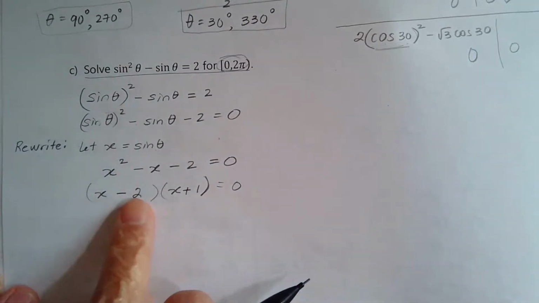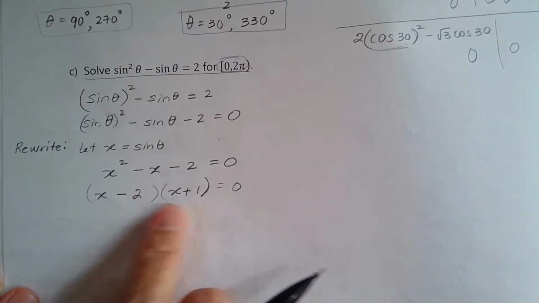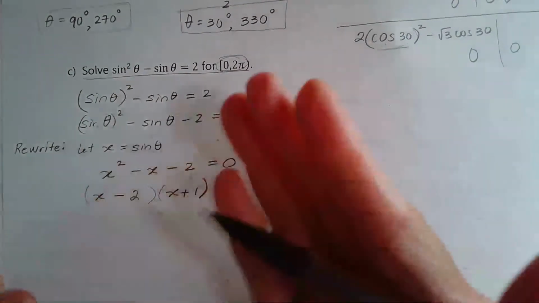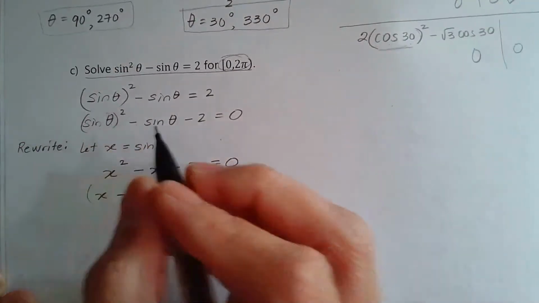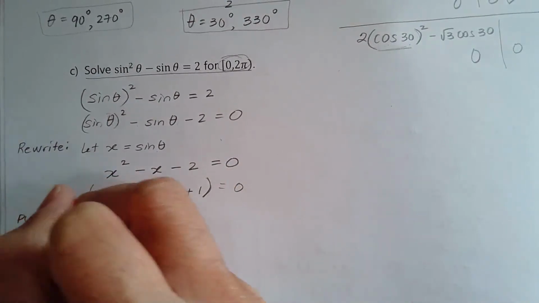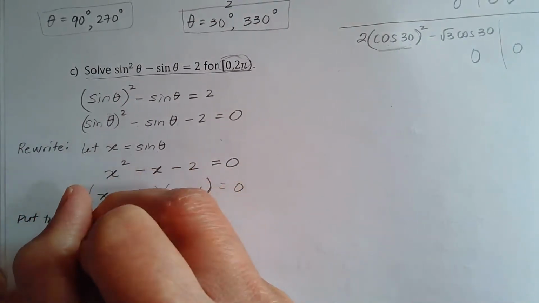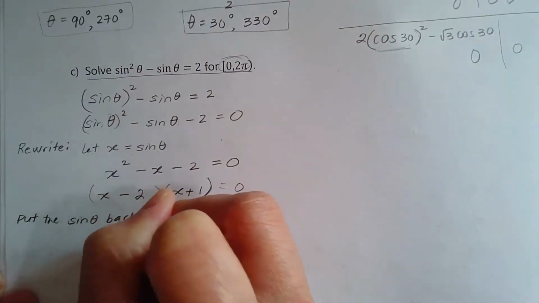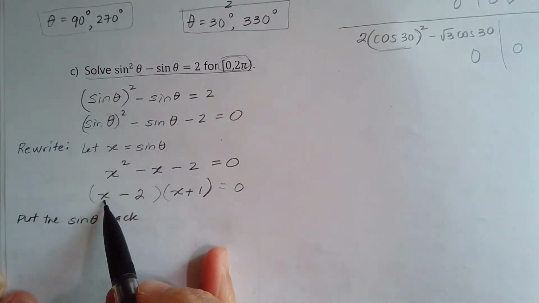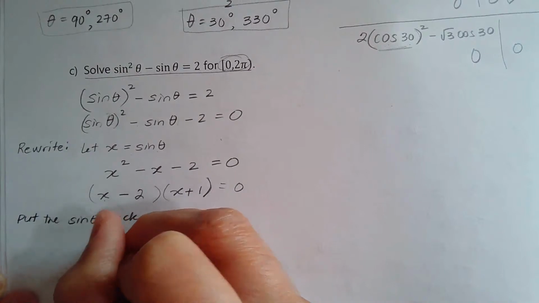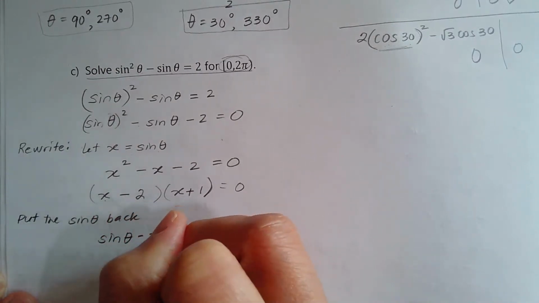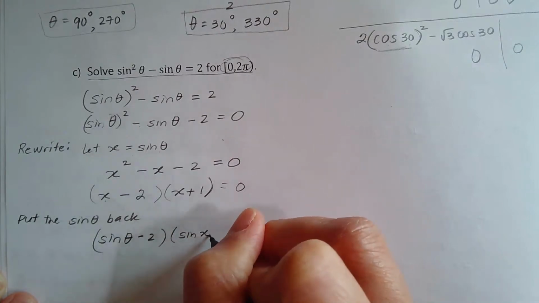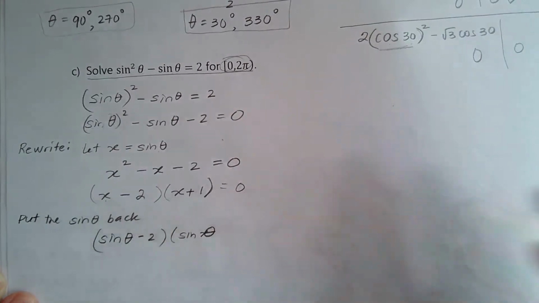After factoring, it becomes x minus 2 times x plus 1. Now put the sine theta back: instead of x, sine theta minus 2 times sine theta plus 1.